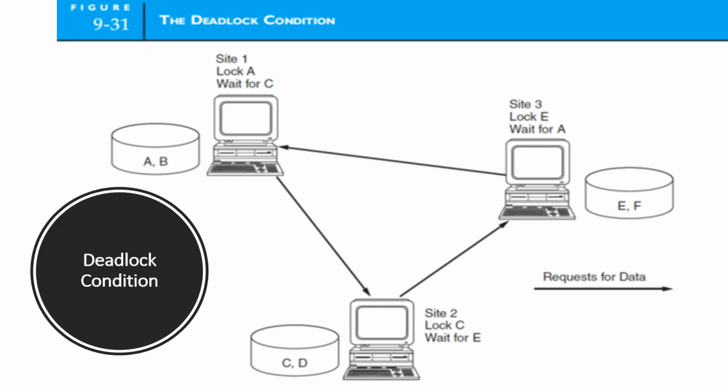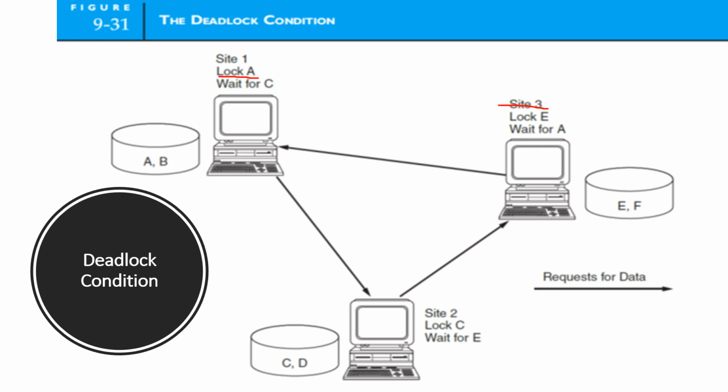So this diagram, or figure, explains the deadlock conditions. Look, let's say in site 1 there is a request from site 3 to use the data EB.